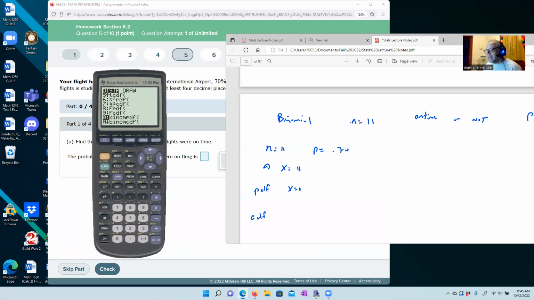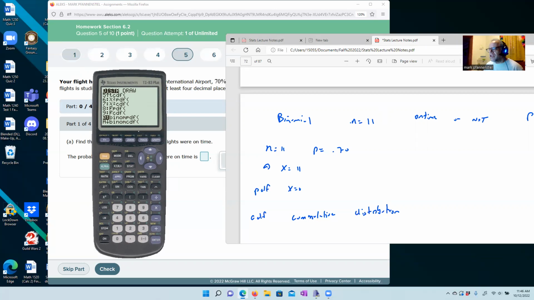CDF is what they call the cumulative distribution function. PDF is the probability density function.